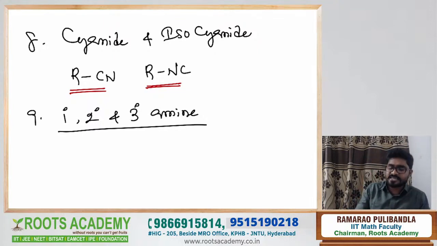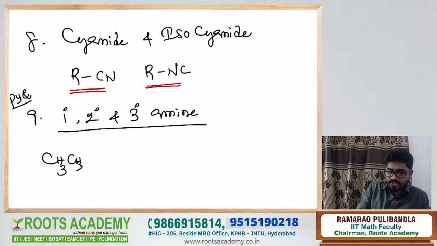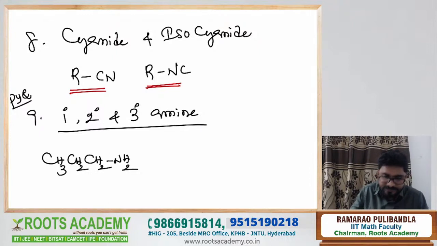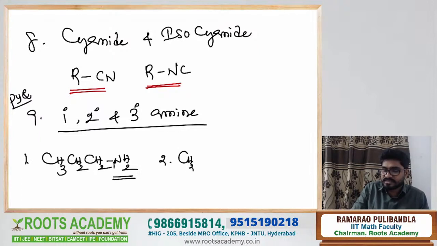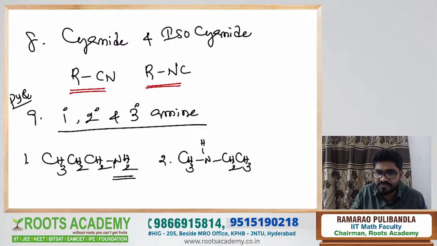Now primary, secondary, and tertiary amines. See guys, this is a previous year mains question. Primary amine I am taking: CH3, CH2, CH2, NH2. Nitrogen with two hydrogen atoms, that's a primary amine. CH3, NH, CH2, CH3: nitrogen with one hydrogen atom means secondary amine.